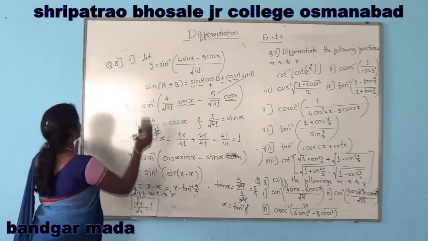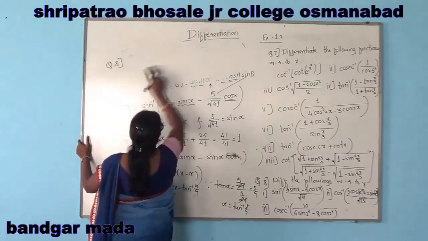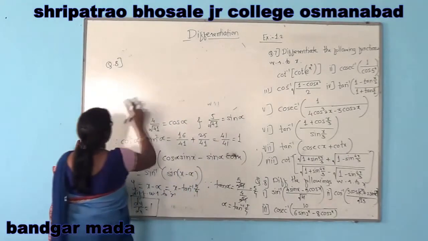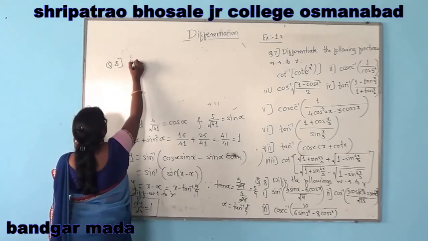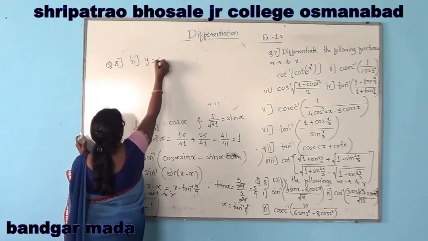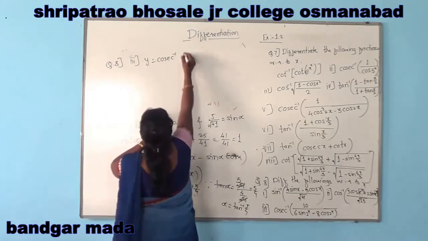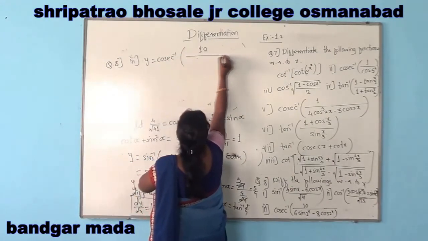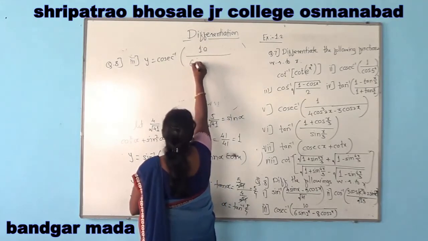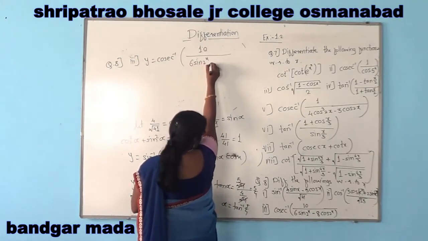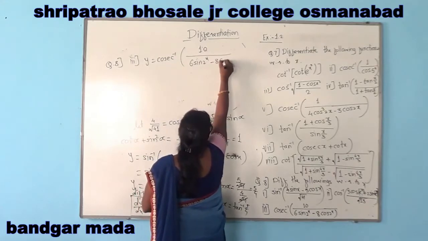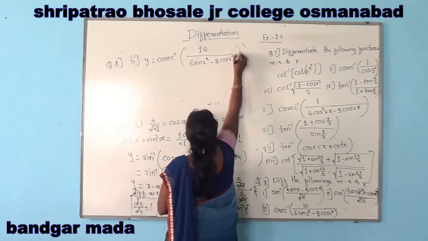In the 8th example, the last one is y is equal to cosec inverse of 10 upon 6 sin 2 raised to x minus 8 cos 2 raised to x.